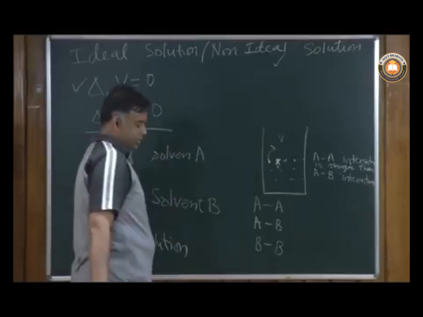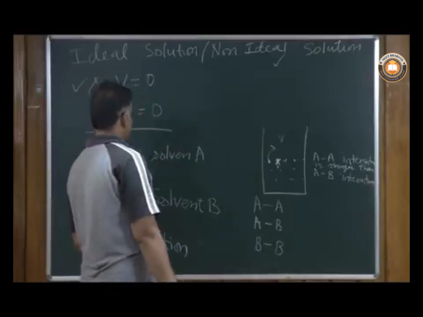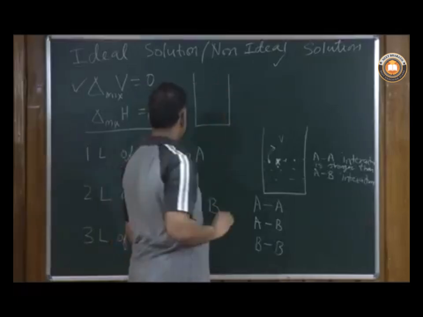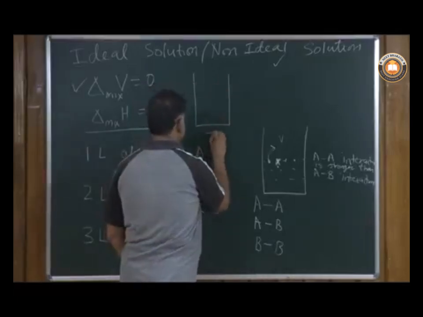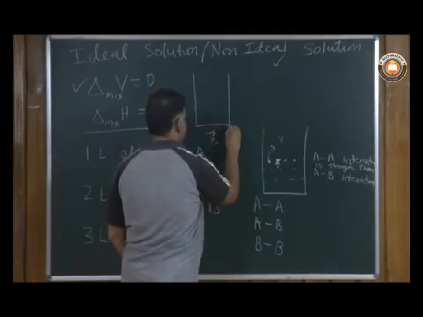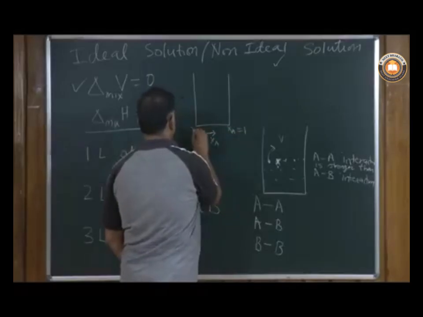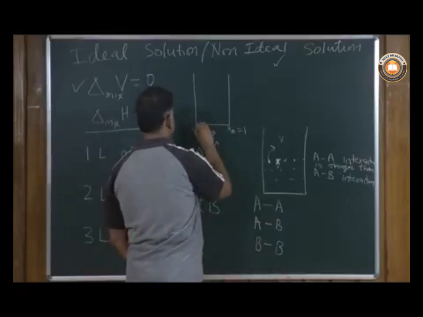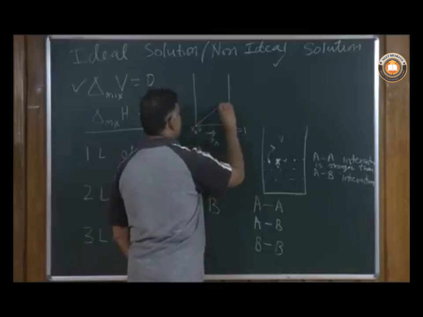So, okay, let me draw this diagram which I have drawn earlier. What we are changing is the mole fraction of A. Over here x A is 1, over here x A is 0. So, the vapor pressure of A is going to be this.